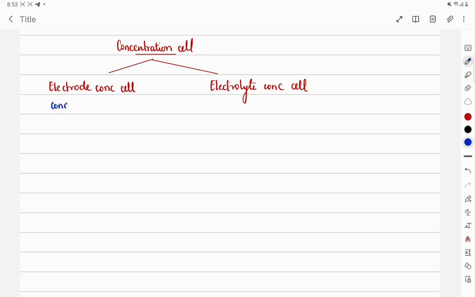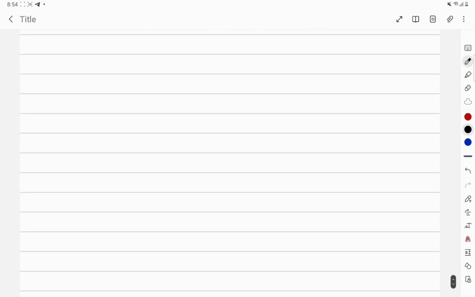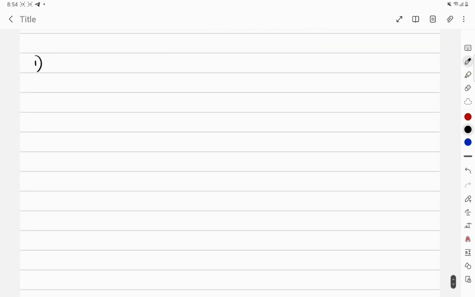The concentration of electrode varies, obviously, which means concentration of electrode in one beaker will be different from the concentration of electrode in the other beaker. And in the second case, the electrolyte concentration will vary. Okay. Now let's discuss each of these in detail. Since it's an easy one, let's discuss electrolyte concentration first.